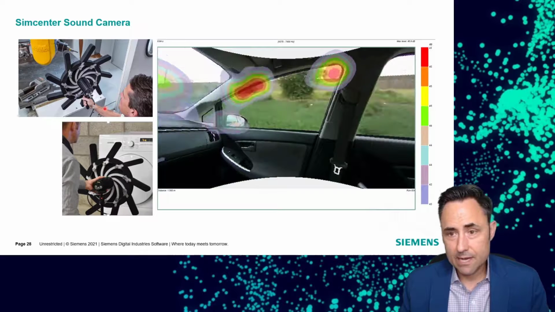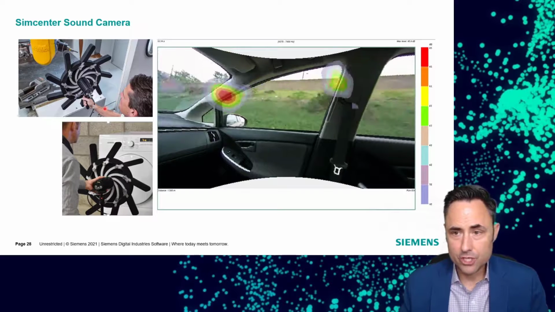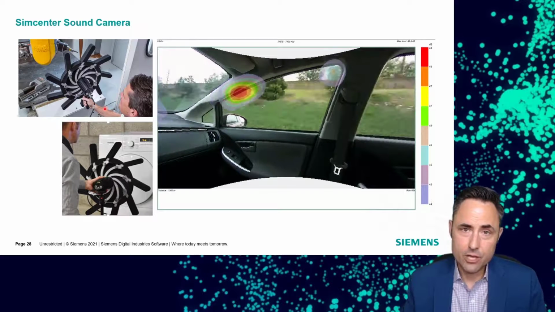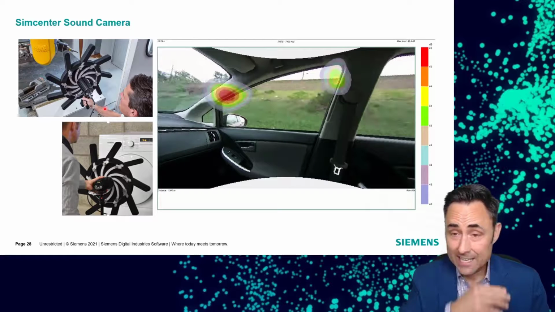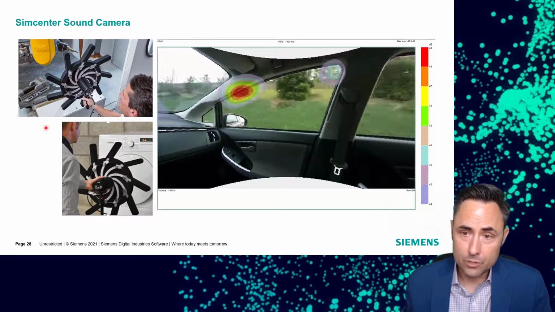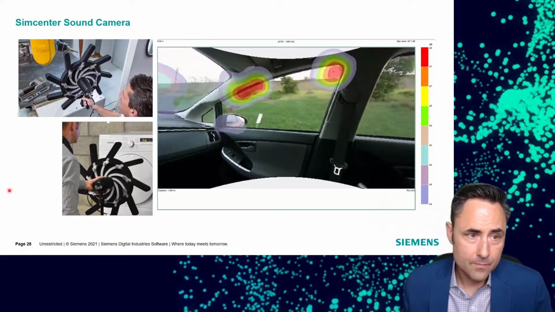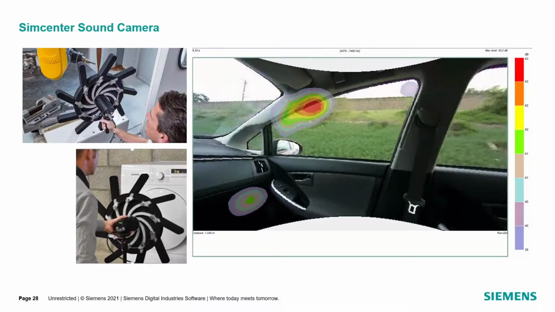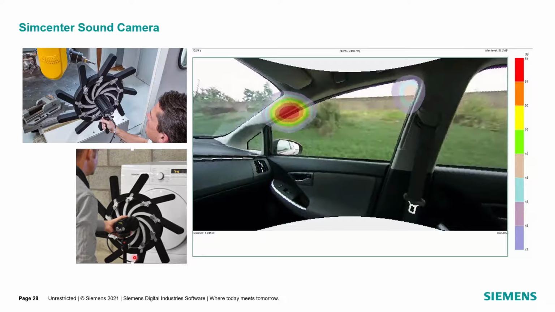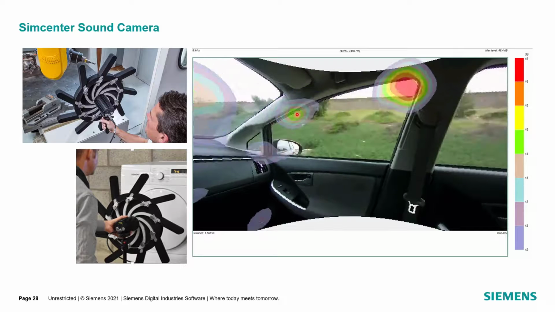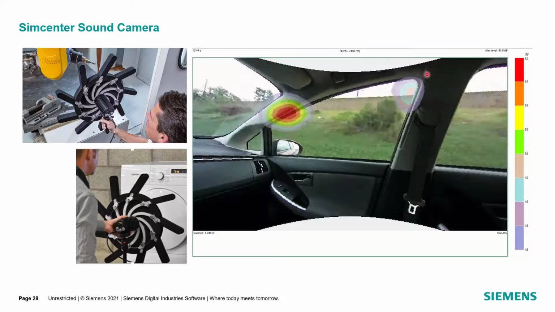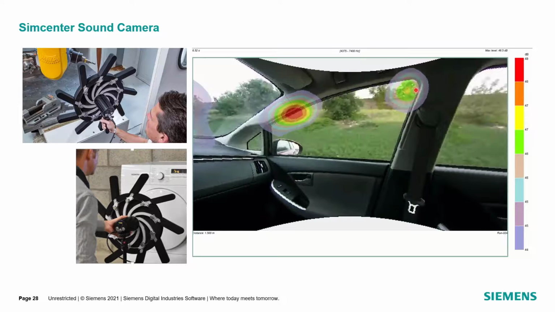The nice thing about the Sound Camera is it's truly point and shoot. You see this is a video of a wind seal test that's on road in a vehicle, and we're assessing in real time where the leaks are in our automotive door seal. You can see there's obviously a problem here in the A pillar, maybe back here where the B pillar comes in.